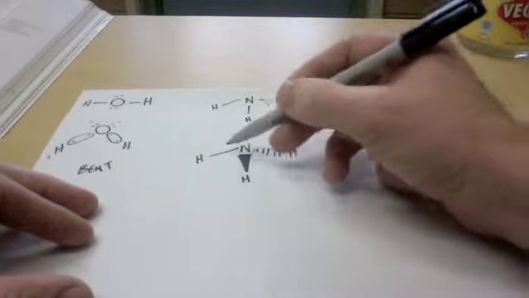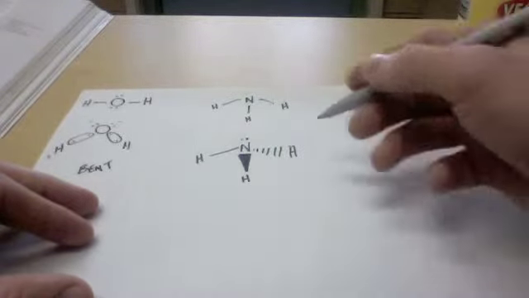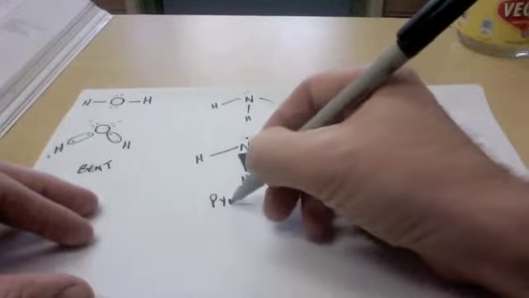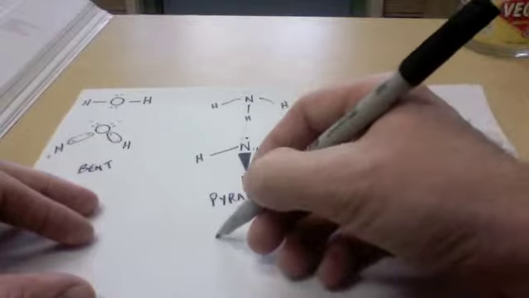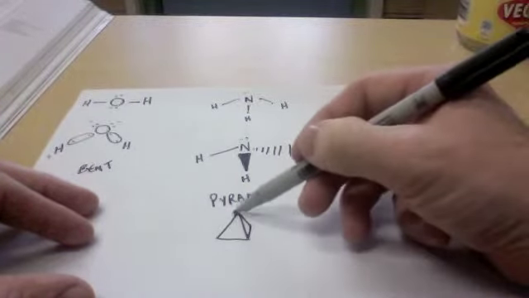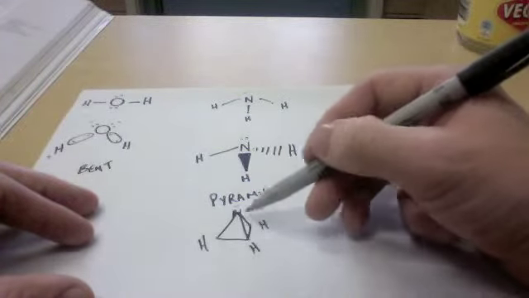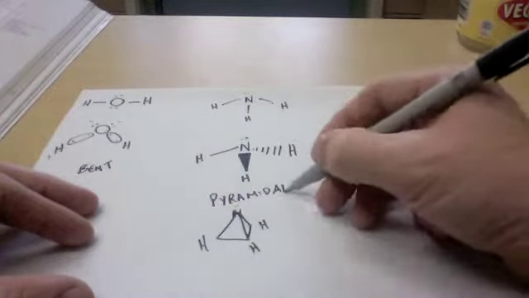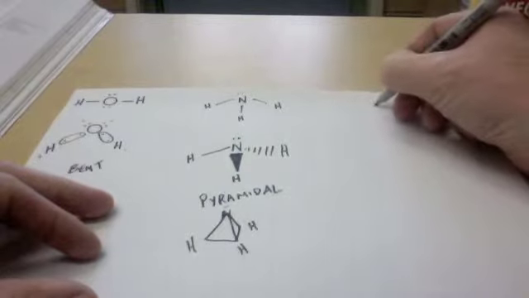In this way, you can see that we've got some 3-dimensional shaping to our ammonia molecule. Now you call this a pyramidal shape. It's pyramidal because it looks a little bit like a pyramid. You've got your N at the top with the lone pair pushing down on the 3 points of a pyramid to make those 4 points. So that's pyramidal.